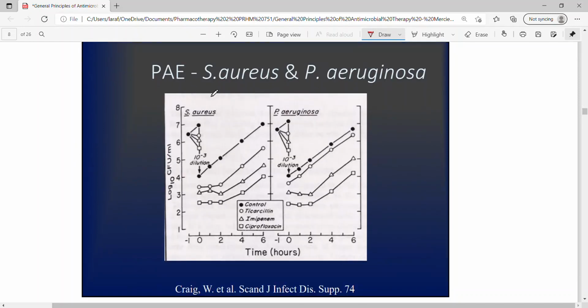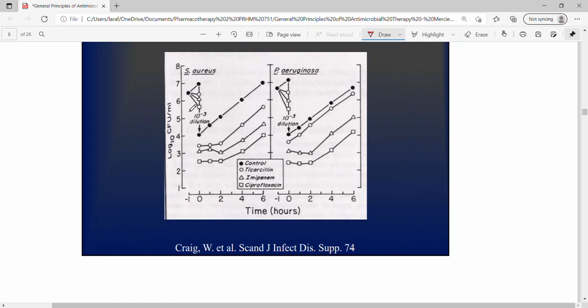This is Staph aureus and Pseudomonas aeruginosa. Here is the concentration on the left, and then you have the time, you have the control, and then these are the specific antibiotics: ciprofloxacin, imipenem, ticarcillin, and how they measure that.